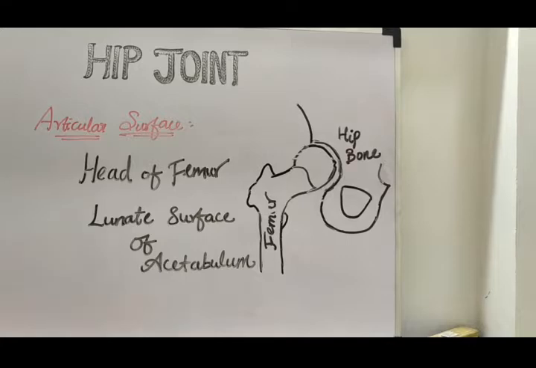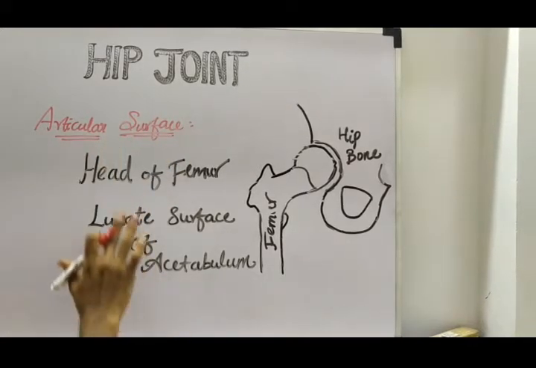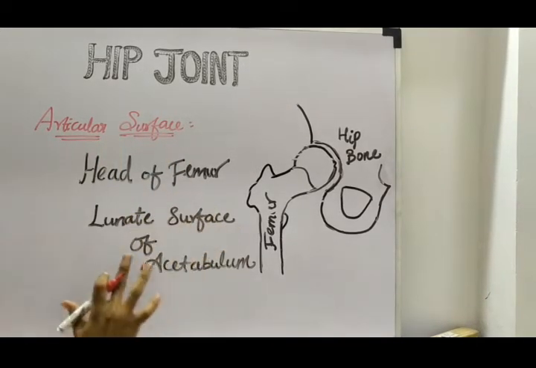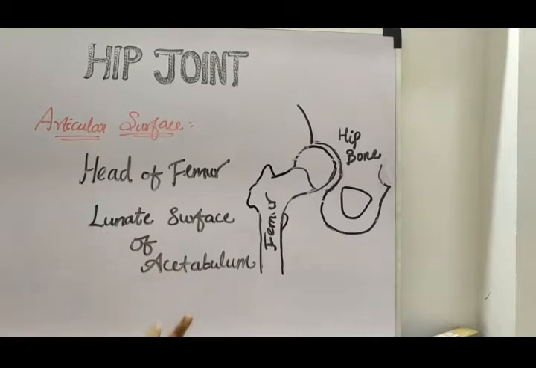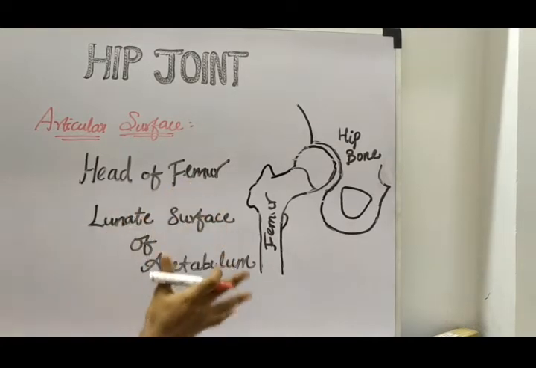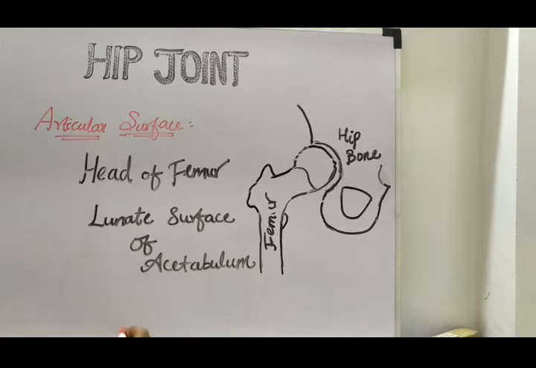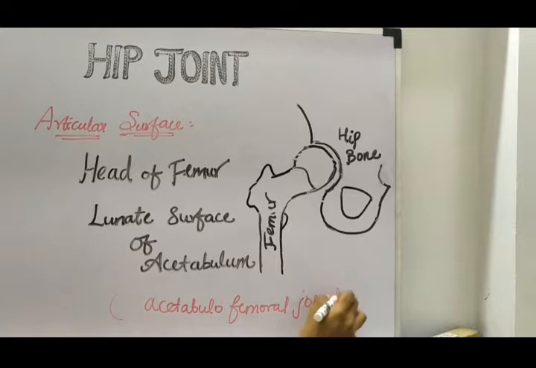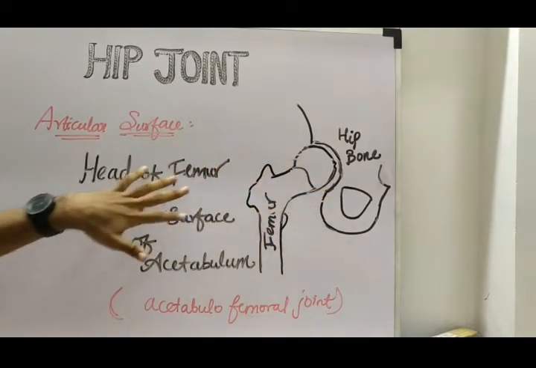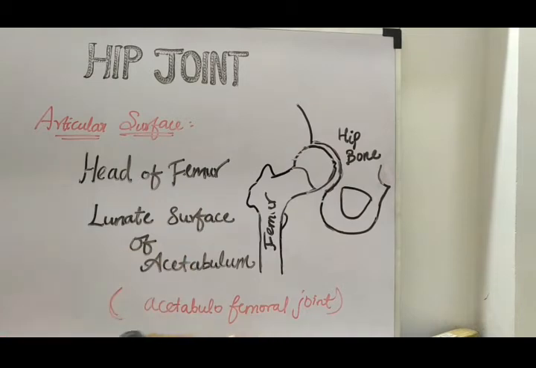Now let's see the articular surface of the hip joint. The head of the femur articulates with the lunate surface of the acetabulum. So this is otherwise called the acetabulo-femoral joint or acetabulo-femoral articulation, because the acetabulum and the head of femur are getting articulated.